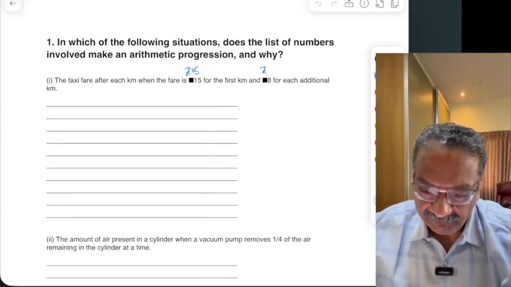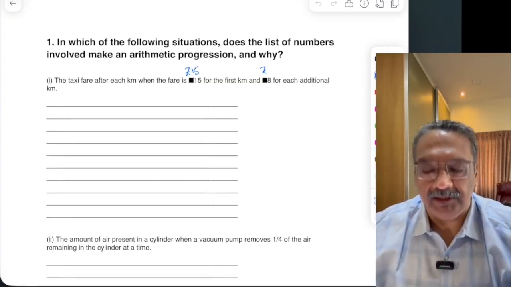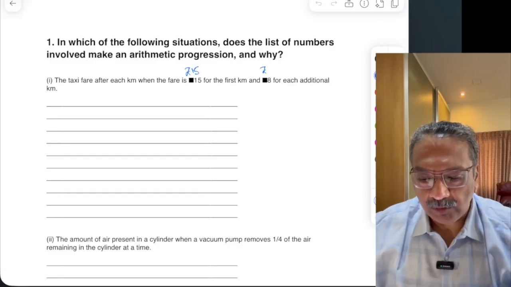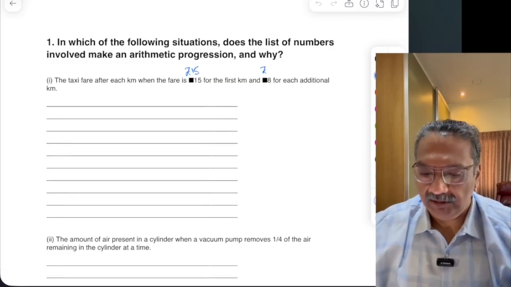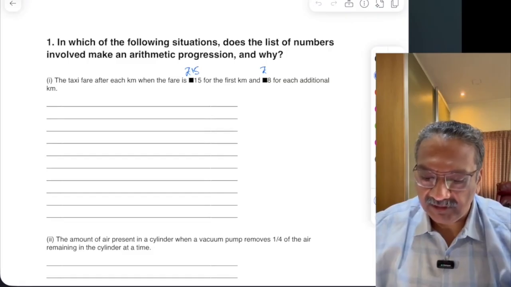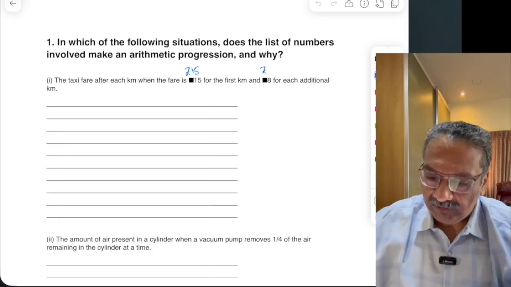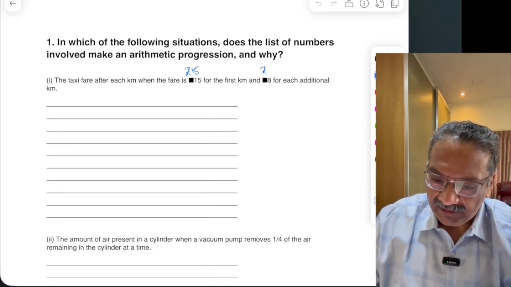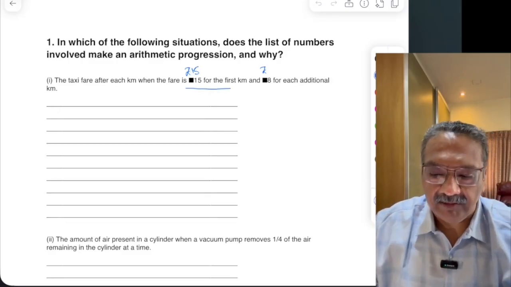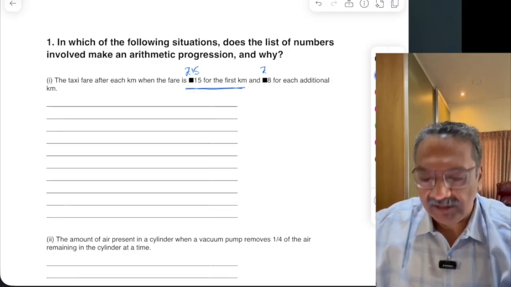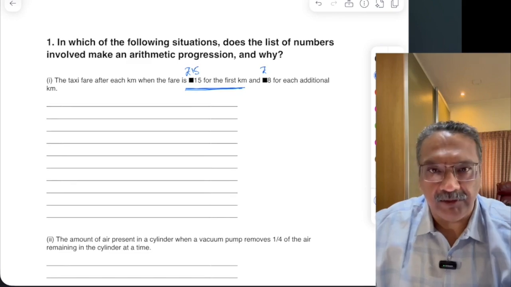The taxi fare after each kilometer, when the fare is rupees 15 for the first kilometer and rupees 8 for each additional kilometer. So, the question says, for the first kilometer, the fare is 15 rupees, and then for every additional kilometer, it is 8 rupees.